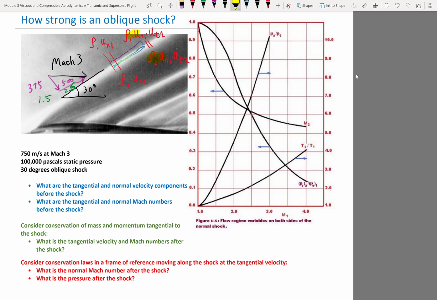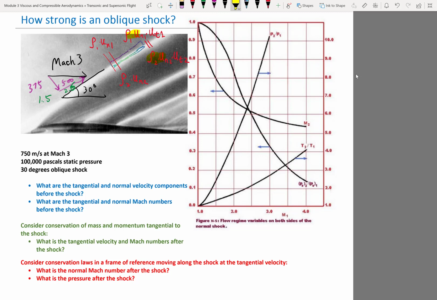Okay, now we have a normal shock. And what is the upstream Mach number of the normal shock? 1.5, right? That's why I pasted this table here. Because oblique shock is normal shock. There is no difference.